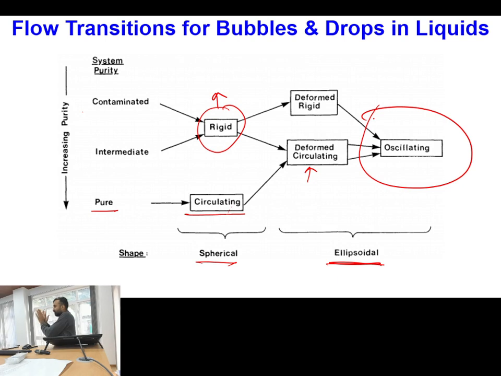So if oscillations are damping out the internal circulation, the surfactant is doing the same thing. Whether surfactant is present or not, the internal circulations are damped out, meaning only shape oscillations are there and there is no internal motion. That is why ultimately we do not find any effect of surface contamination.